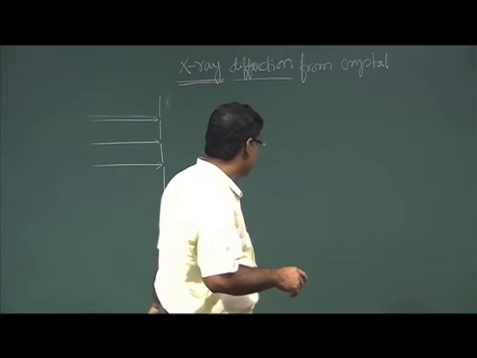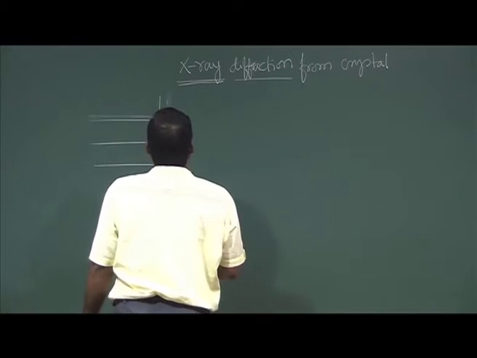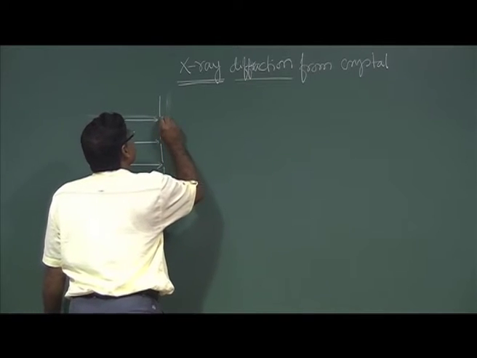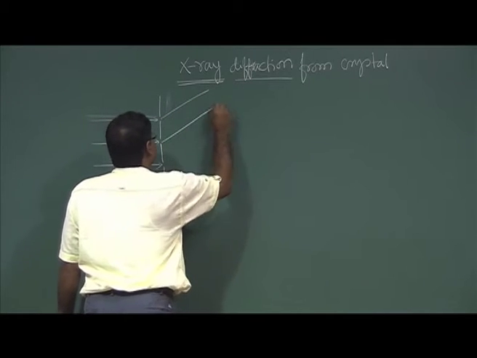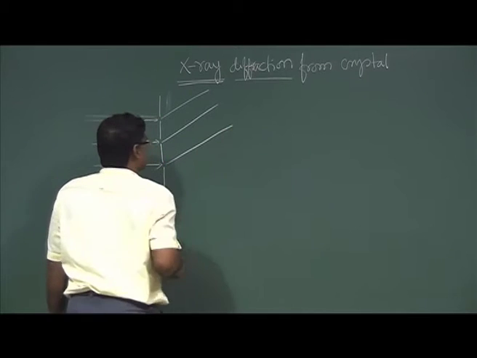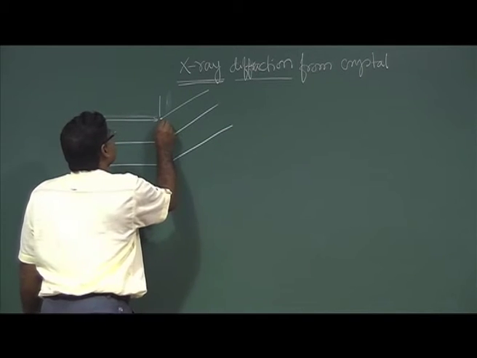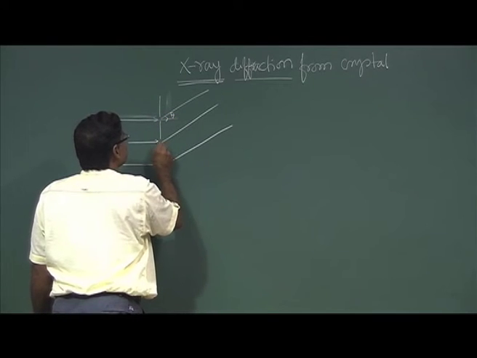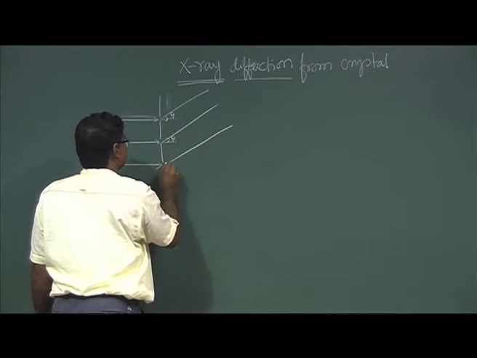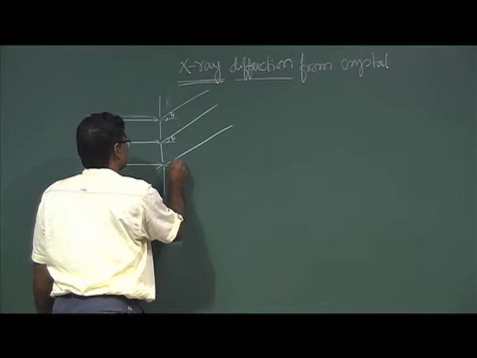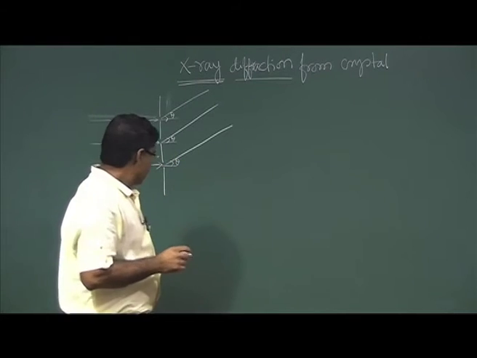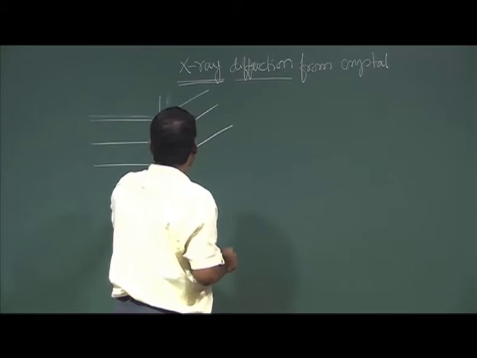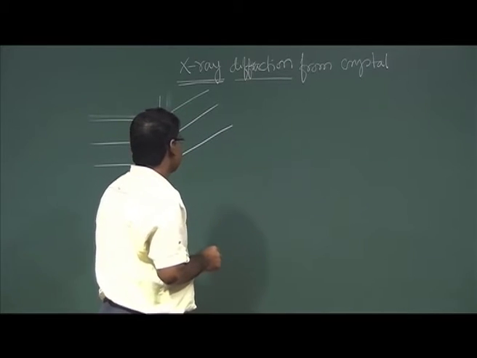These rays are perpendicular to the grating. Then it is diffracted in a different direction with, say, angle theta. So, this is the angle made with the normal to this grating.